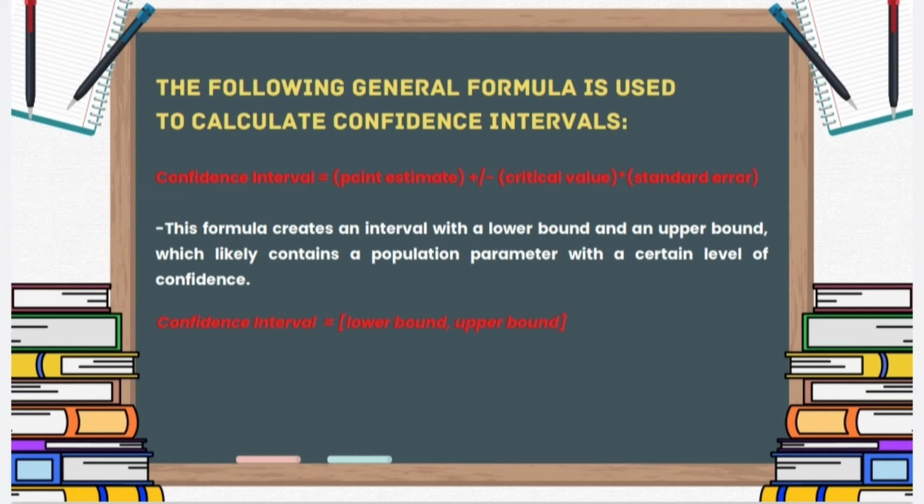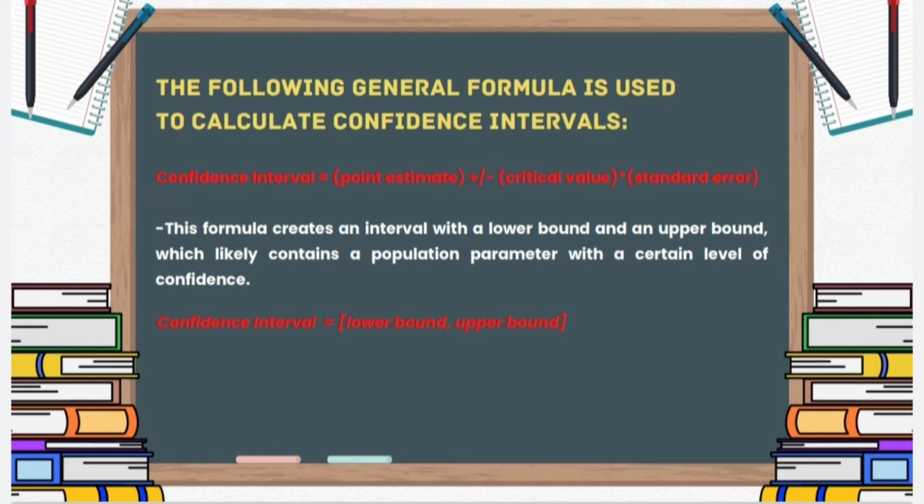And the following general formula is used to calculate the confidence interval. Confidence interval is equal to point estimate plus or minus critical value times standard error. So this formula creates an interval with a lower bound and an upper bound, which likely contains a population parameter with a certain level of confidence.